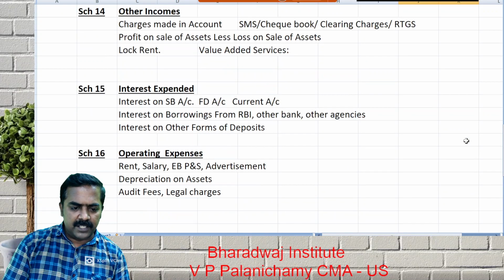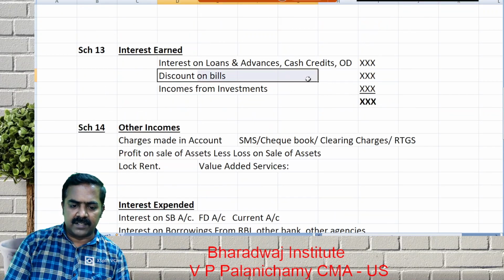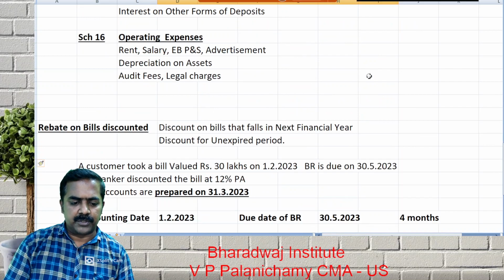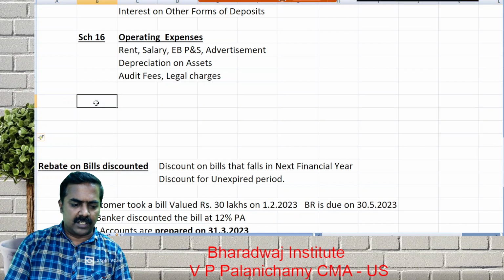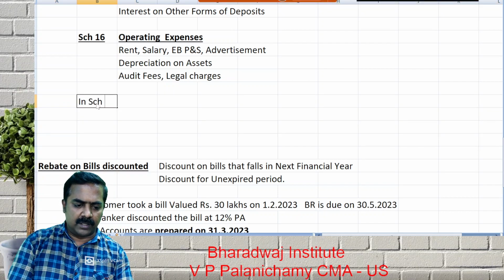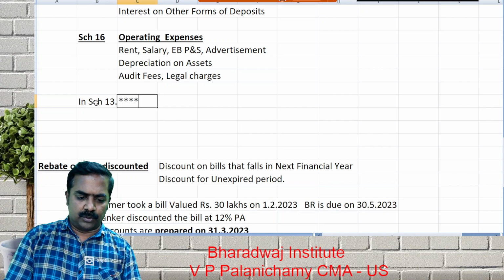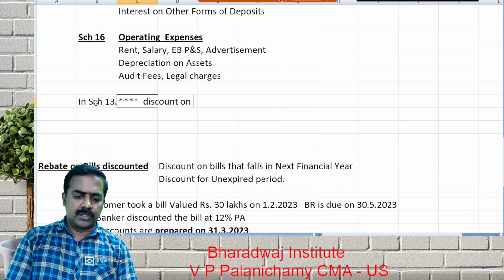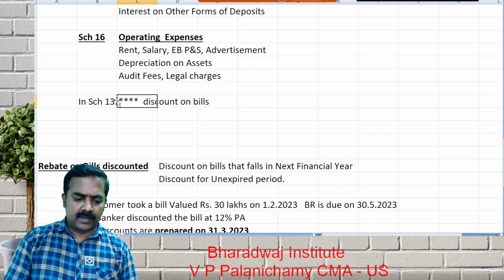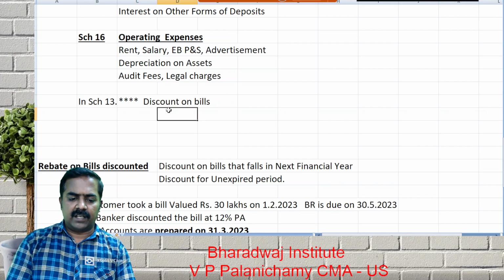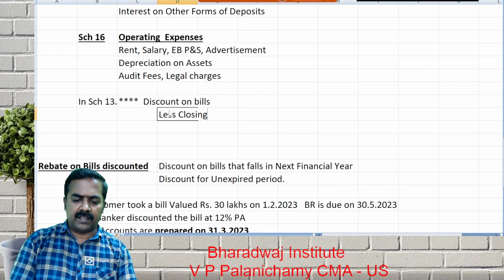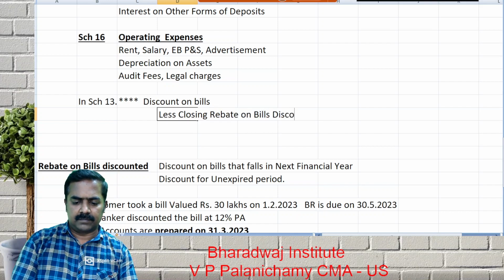So in the discounting of bills you have put it, right? For this, I request you to take up a note. Start. Before taking the notes on rebate on bills discounted, start. In schedule number 13, notes. Notes for which one? Discount on bills. With that, you will reduce closing rebate on bills discounted.